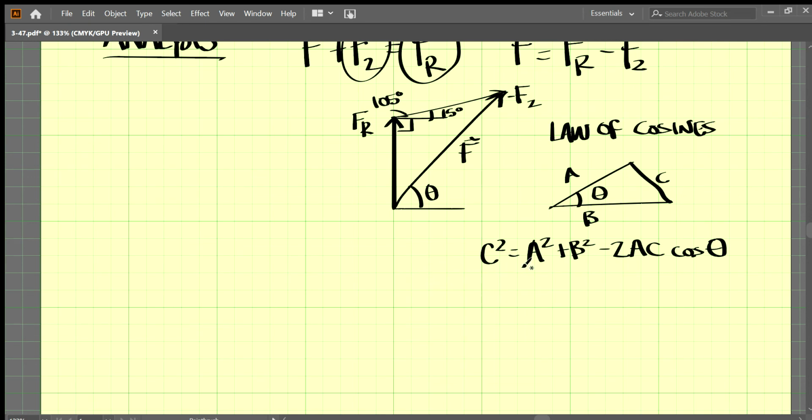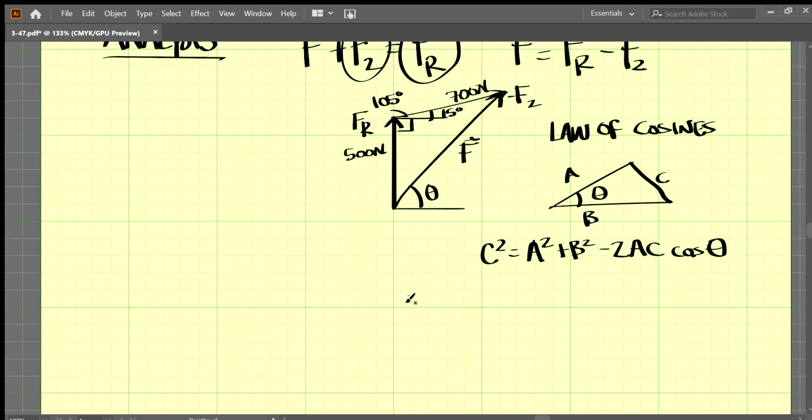Okay, so now let's apply this to our problem. We know FR is equal to 500 newtons. And we know the magnitude of F2 is equal to 700 newtons. Okay. So we know these two legs here, and then the internal angle between those is 105 degrees.